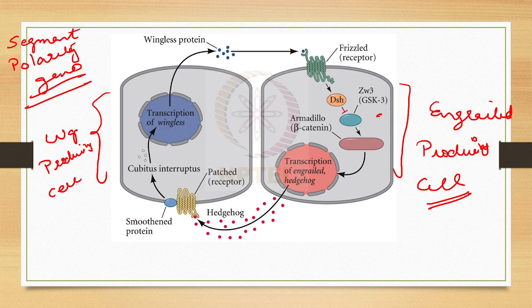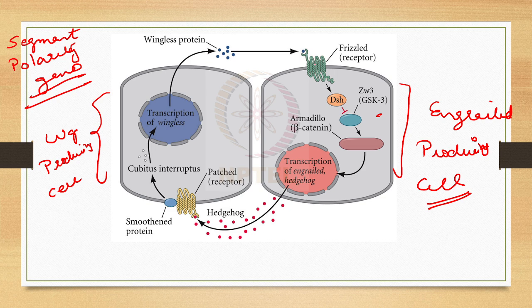Is this clear to everybody or not? Just understand that there are two cells nearby. One is your wingless producing cell, the other is your engrailed producing cell. The wingless producing cell transcribes wingless, and since it is a secretory protein, it is secreted out of the cell.